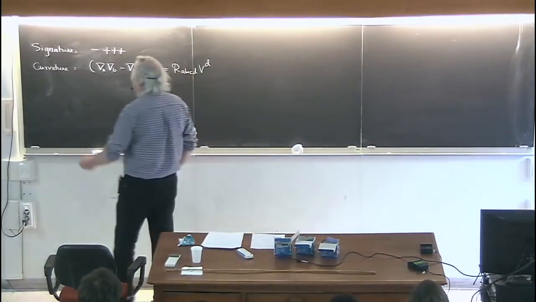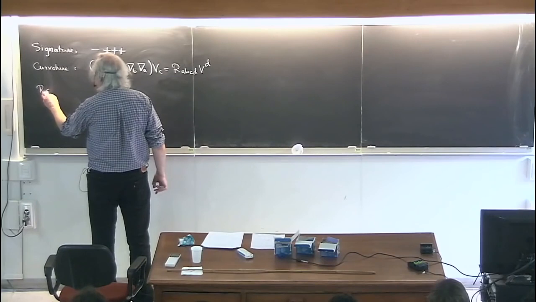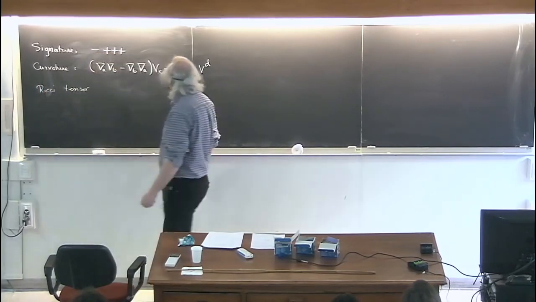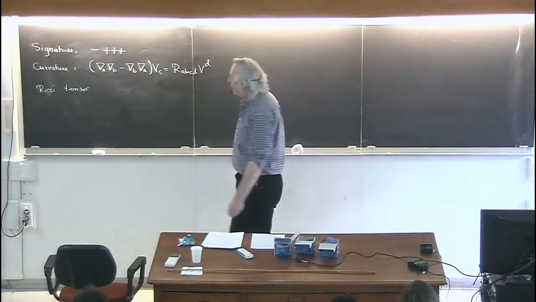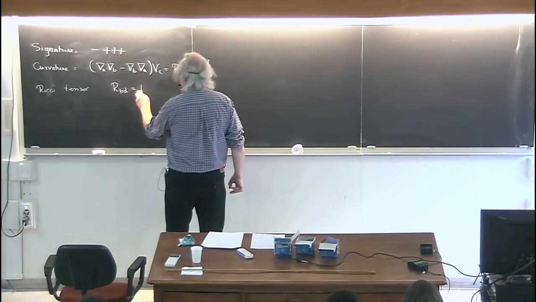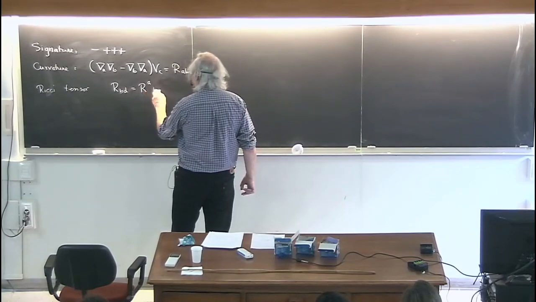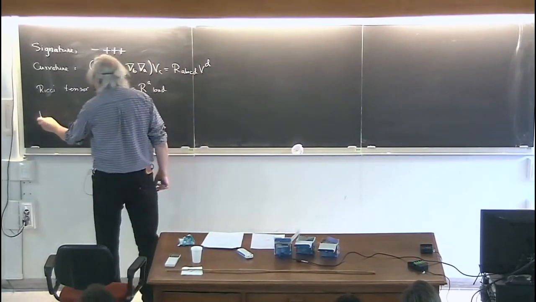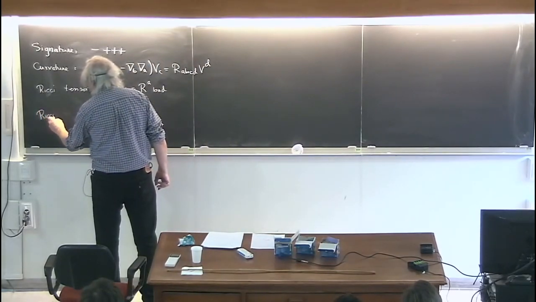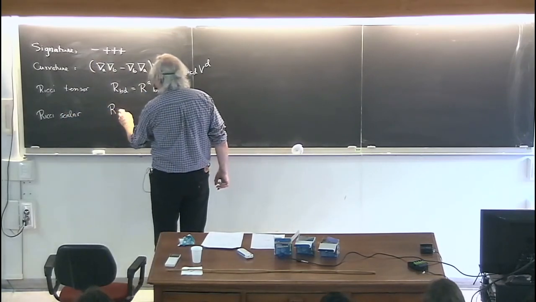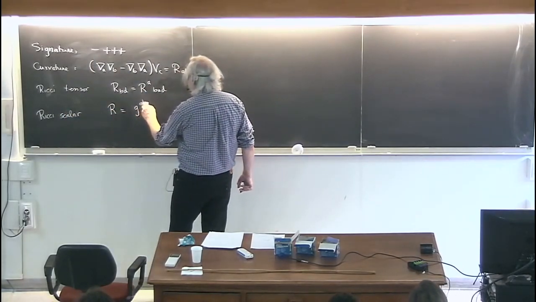The Ricci tensor, for me, is found by taking a contraction on the first and third index of the Riemann tensor. The Ricci scalar R is going to be g^AB times R_AB.